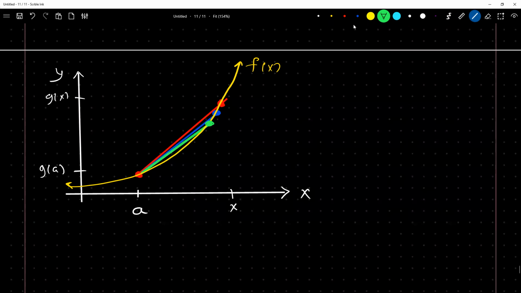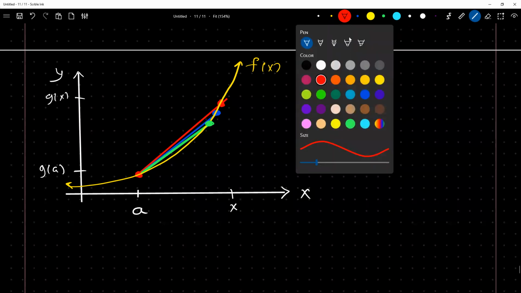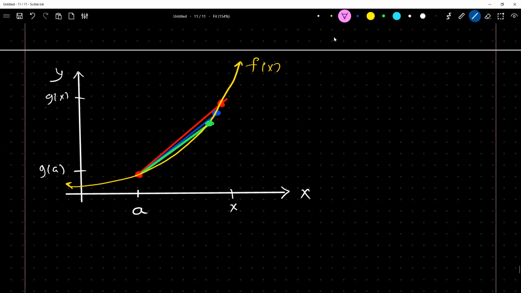And I'm going to continue this idea until eventually I've got a line that looks like this, where now this line is not cutting through the curve. Now this line is only touching the curve in one point.